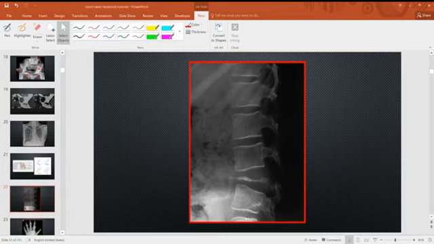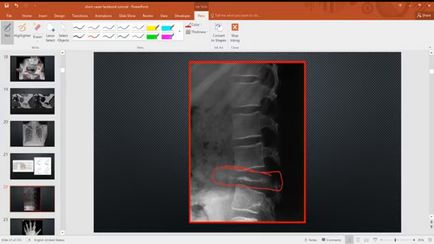Okay, so as you see here, this is the lateral lumbar spine of this patient, and we have the vertebra plana in this lateral spine X-ray.